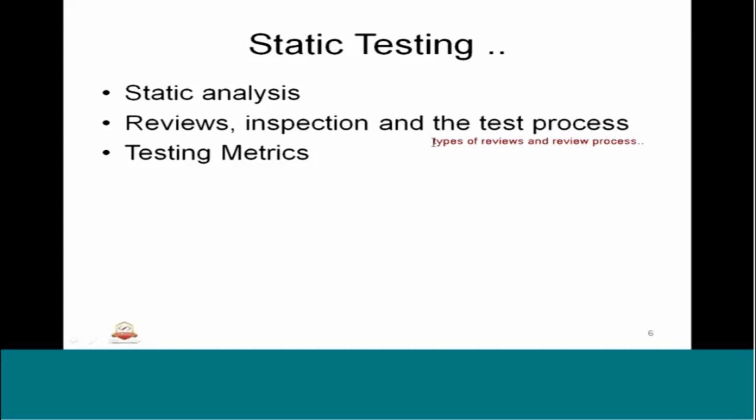What are the types of reviews? It brings us to go through the existing artifacts and understand manually, go through documents, basically what is documented and what is working. That should be consistent and matching. That is how they use the reviews, inspection and the test process adopted there.